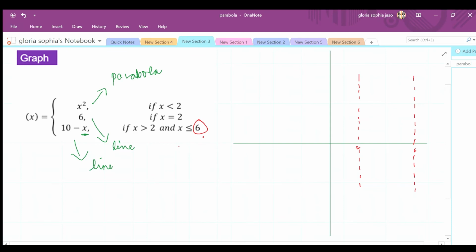Next is, graph na natin yung first one. Okay, let's graph it. So, gawa tayo ng table of values. So, for the first one, x squared. So, x, y.